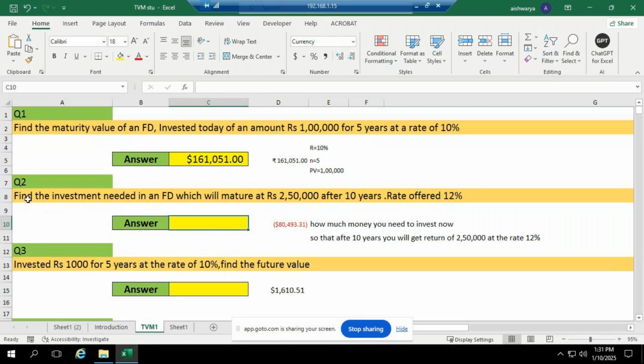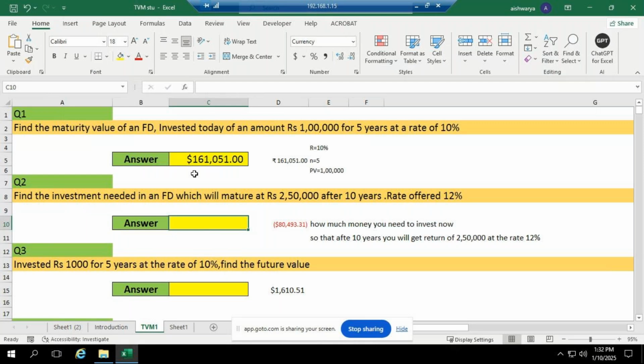Then the second question. Is everybody clear with the first question? The first one is: today you have 1 lakh.